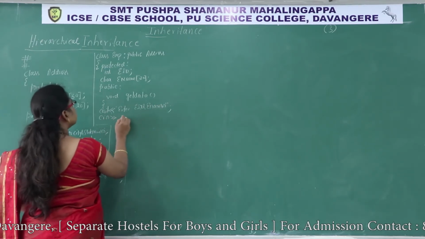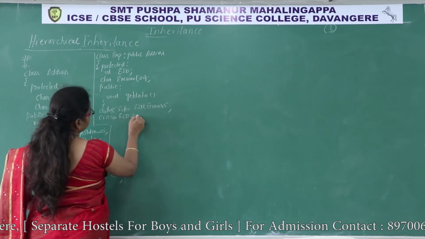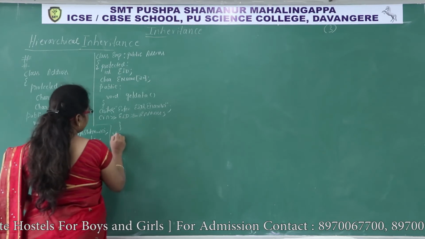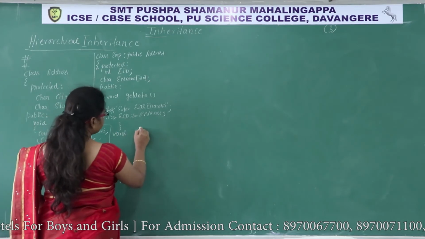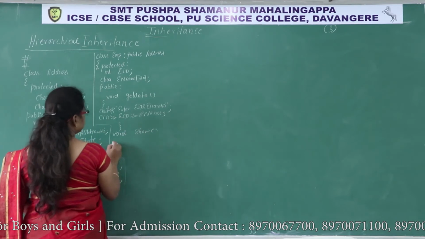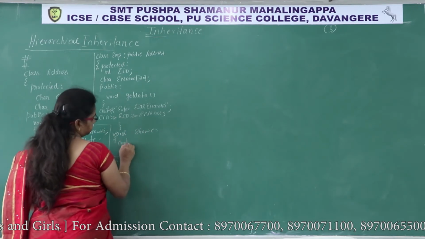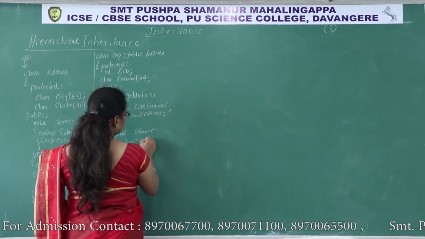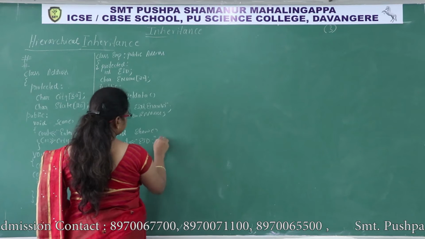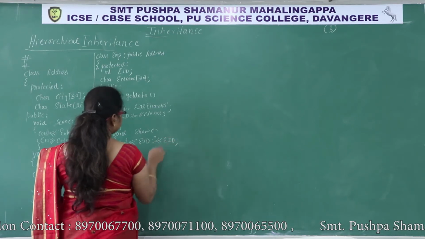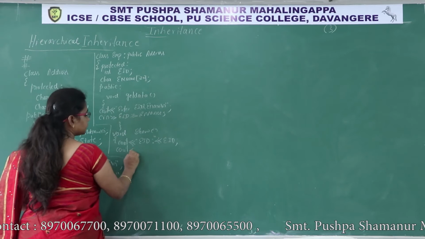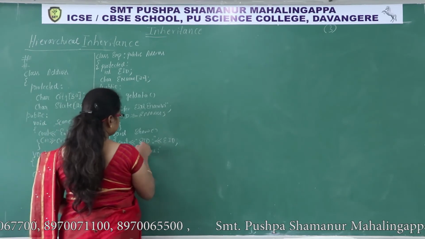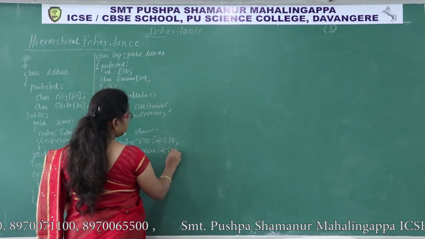Cin extraction EID extraction ename. Void show, cout insertion employee ID colon EID, cout and employee name ename.